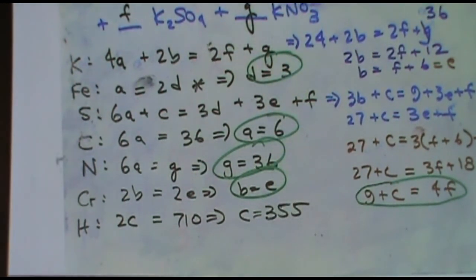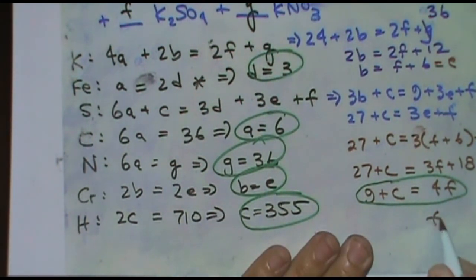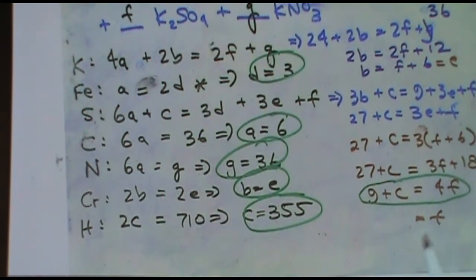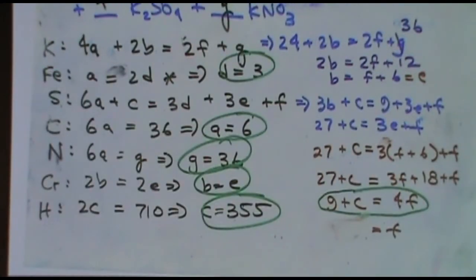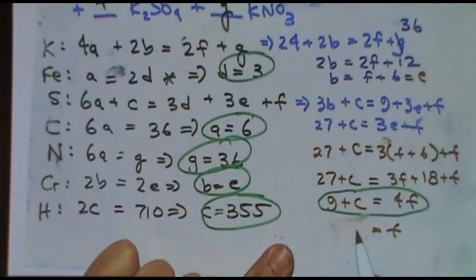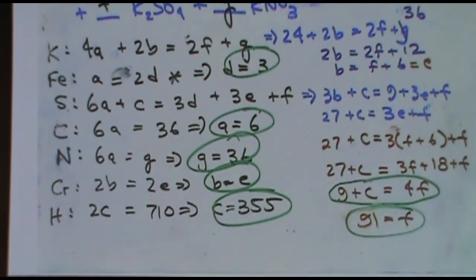Okay? So that means I can find F. What's F? Just add 9 to that and divide it by 4. 91? Okay, I don't know what it is. Oh, somebody just randomly said 91. Oh, it is, okay. That was funny though. Okay, F is 91.